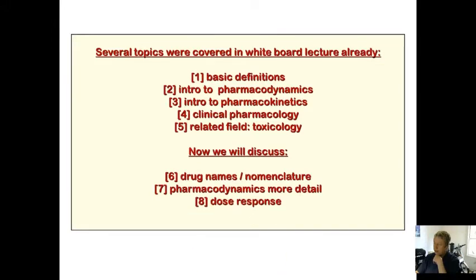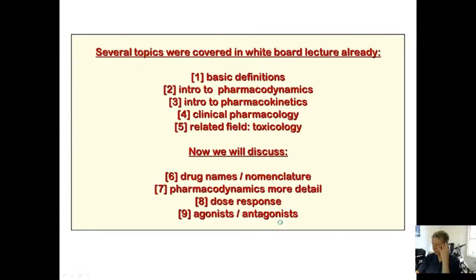Dose response, we'll get into a little more, and show different types of agonists and antagonists, and the dose response you expect with each.